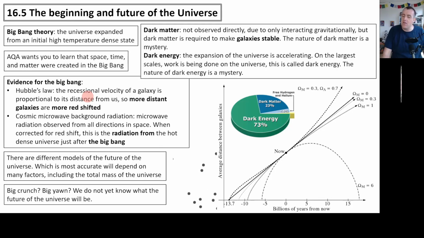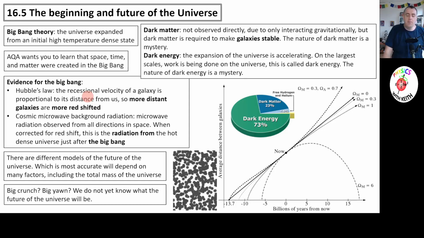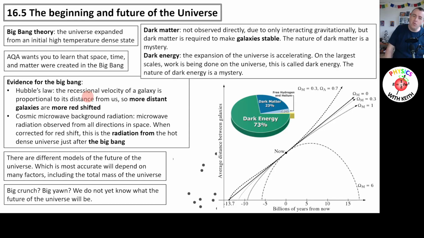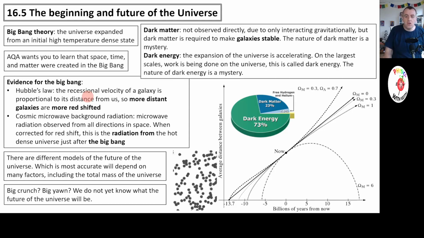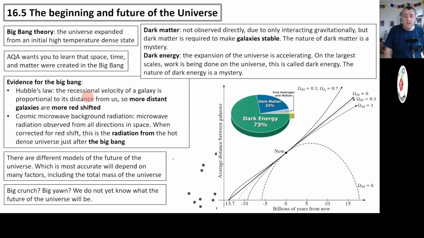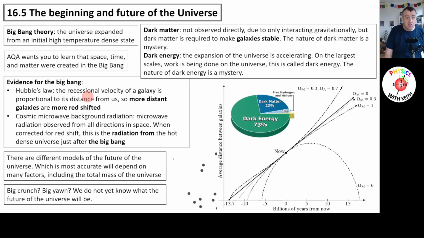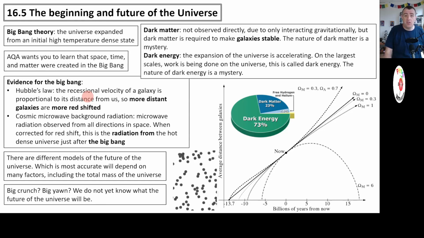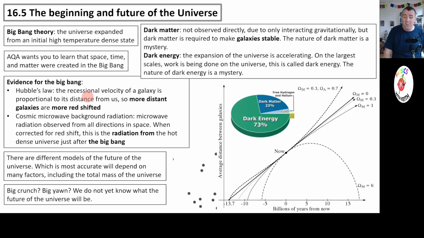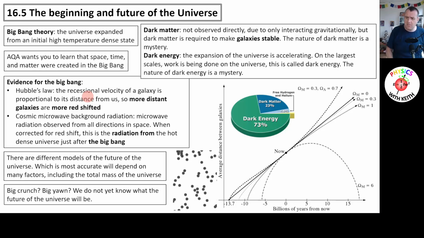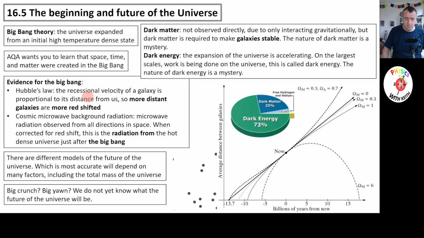There are very interesting, very difficult, even philosophical questions that the origin of the universe raises. We're not going to go into that in GCSE physics. If you're interested, study physics and philosophy at university. You'll love it. But let's move on to the end of the universe.